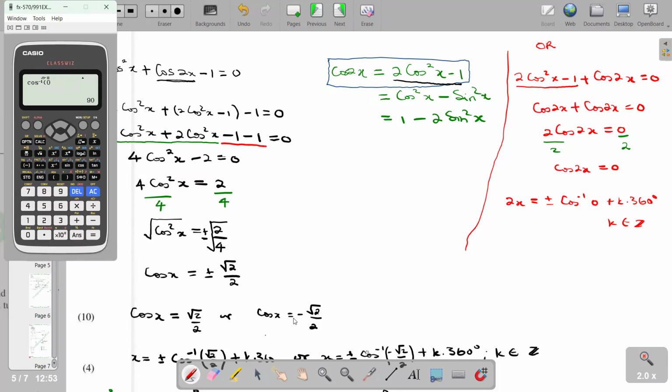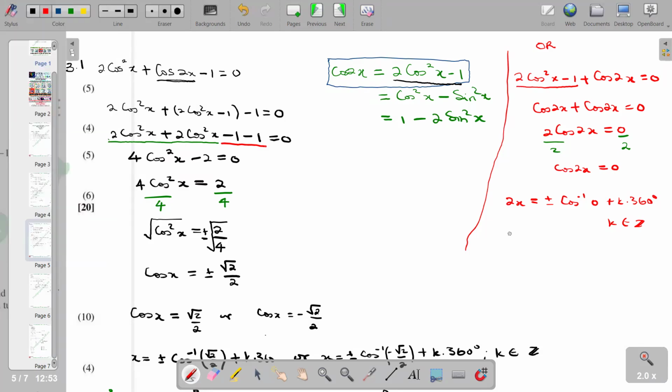So it means we are going to get our solution as plus or minus 90 degrees. So this will be given as 2x is equal to plus or minus 90 degrees plus k 360 degrees. Then from there, we are solving for x.